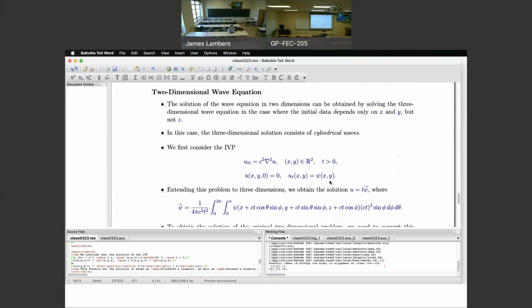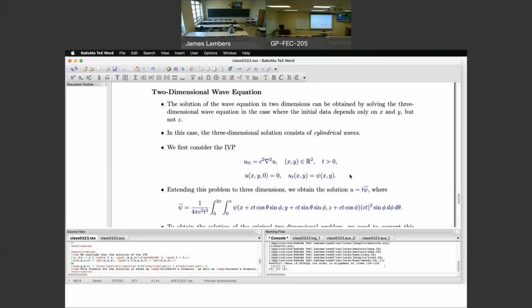All right. So what happens in 2 dimensions? Here's our problem in this case. We're going to use a 3-dimensional solution in the case where initial data depends only on x and y, not a function of z, because that dimension has to be thrown out. So, same appearance, just psi is now a function of x and y.